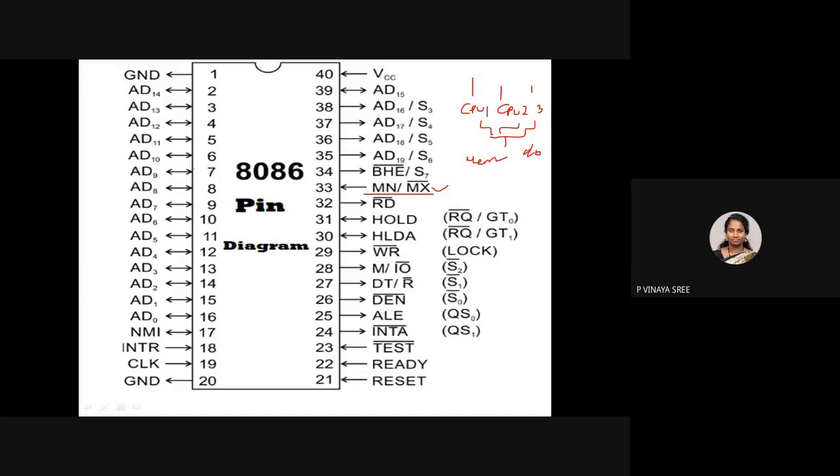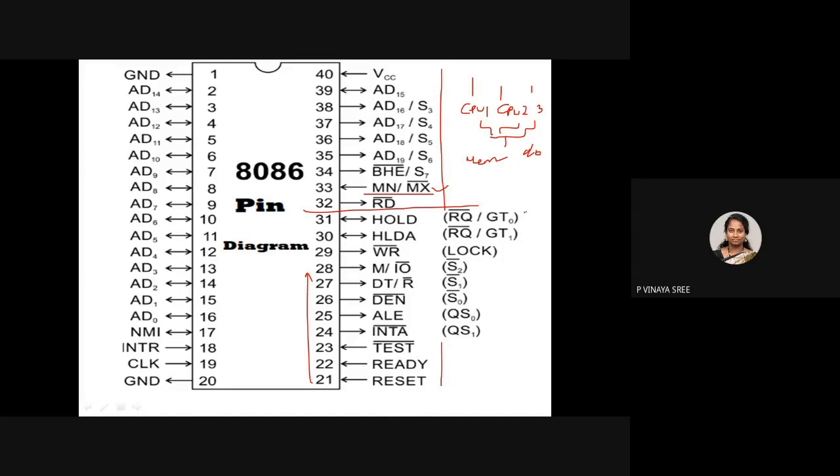So we have the common pins from 1 to 20, and from the bottom to top, 21, 22, in the opposite direction. We need to discuss these pins which are common, and these 3 pins which are common.